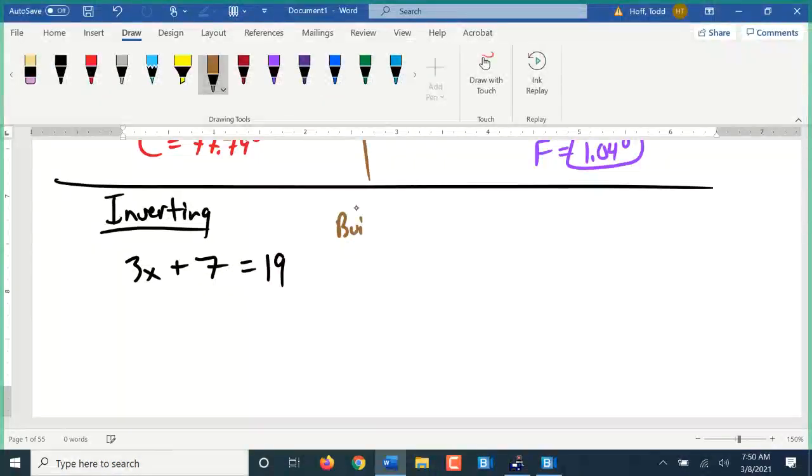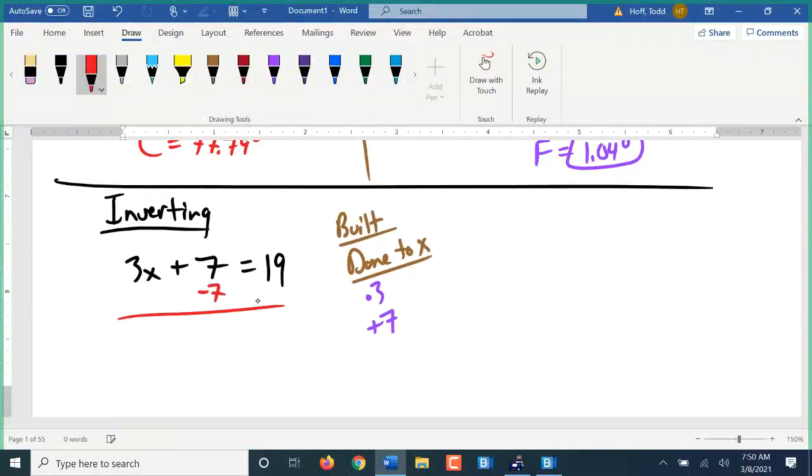Remember, when this was built, what was done to x was multiplied by 3 and then 7 was added to it. When we go to take it apart, we go backwards. The last piece put on is the first piece off. We subtract 7 first. Then x equals 12... then we divide by the 3.